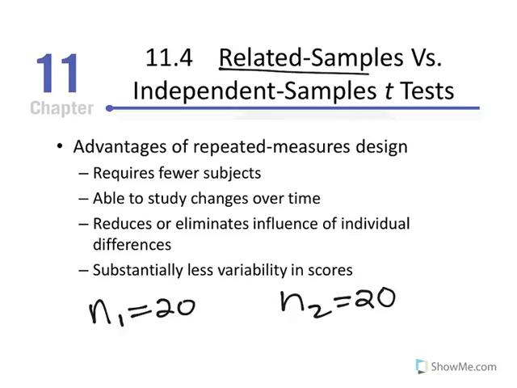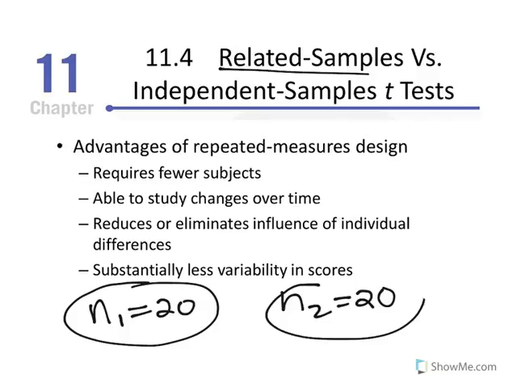Well, let's say just by chance, though we randomly selected them, one group tended to be the smarter students, the more studious students, the students that try harder. And just by chance, the other group of individuals doesn't share those same characteristics. So in the end, we may be misled to believe that the treatment was effective, when in fact we had a different makeup in the samples. And again, that just may occur by chance.